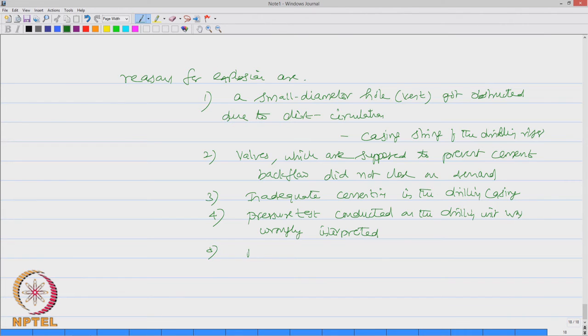It is also noticed that the rising oil and gas content in the riser was not monitored.